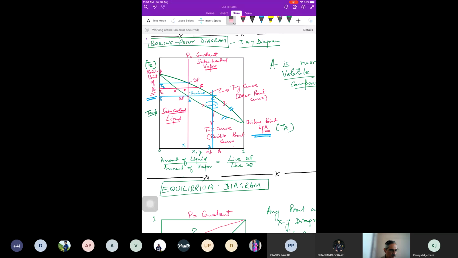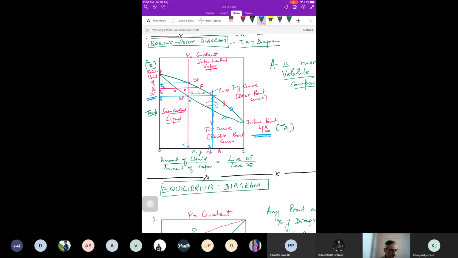Okay, so if you take this curve and if I start from say any liquid composition x1, and I increase the temperature, right?